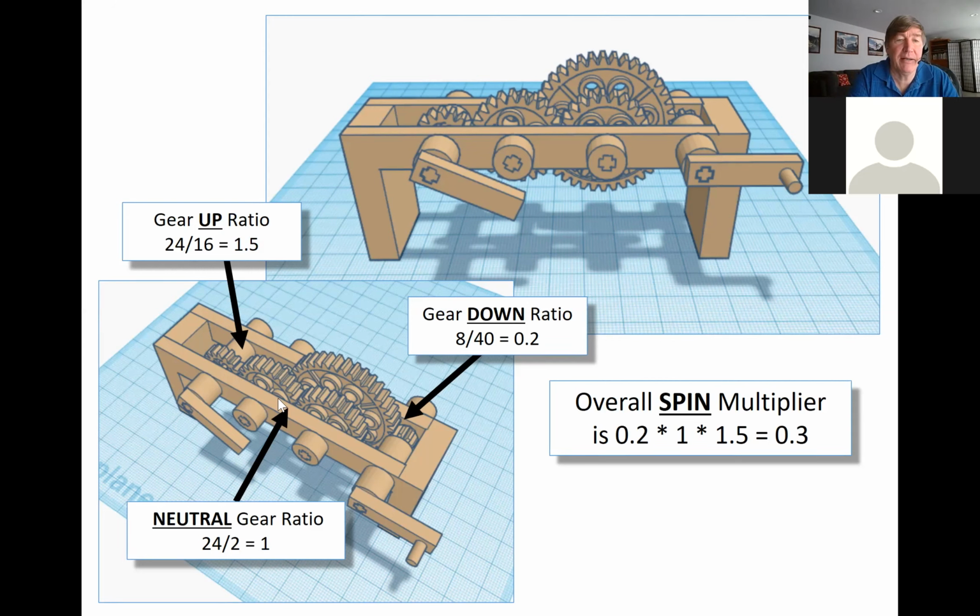Okay, and then Caden did something here that I think is quite interesting, and I'm glad he did it. You see how he's got two equally sized gears right here? In that case, since the driver gear and the driven gear both have the same number of teeth, that's what we call a neutral gear ratio.